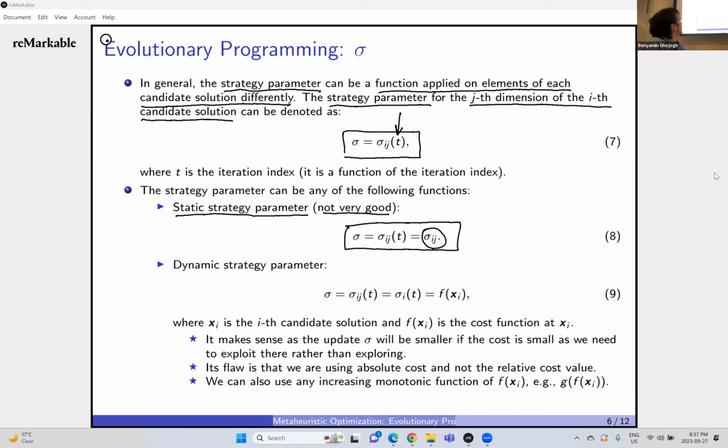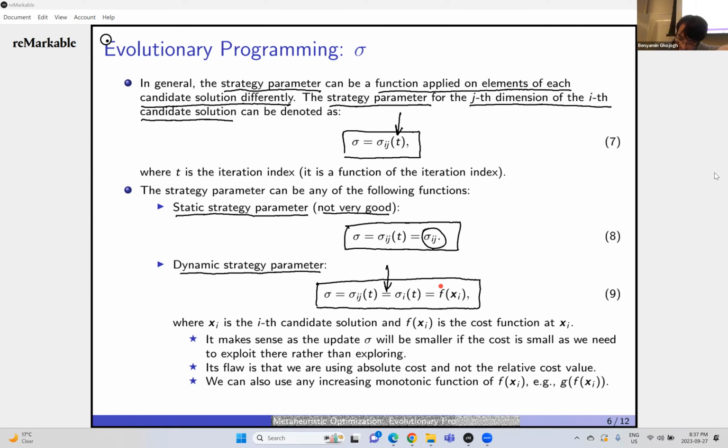Okay. Another one is dynamic strategy parameter. So sigma ijt, in this specific case, is equal to sigma it. What do I mean by this equation? It means that I treat all of the features equivalently. So I don't care about j. I only apply the whole sigma on the vector.